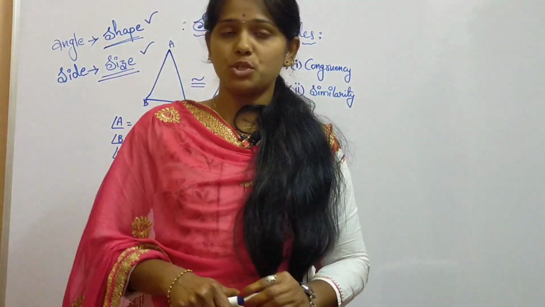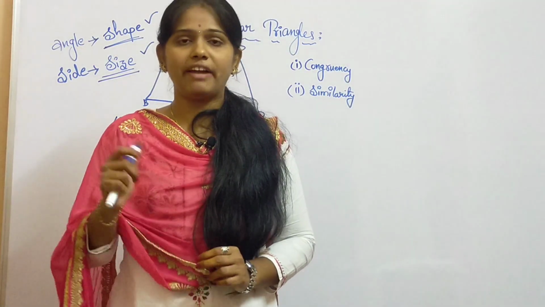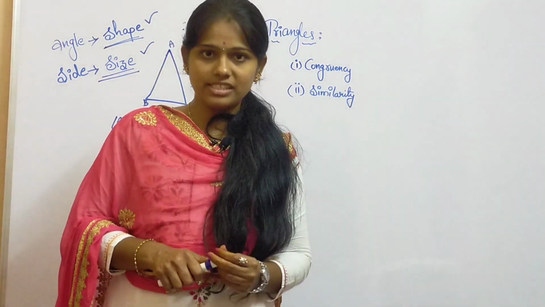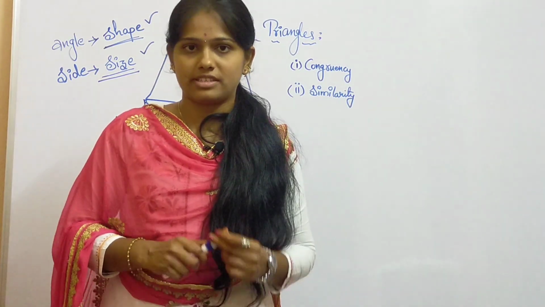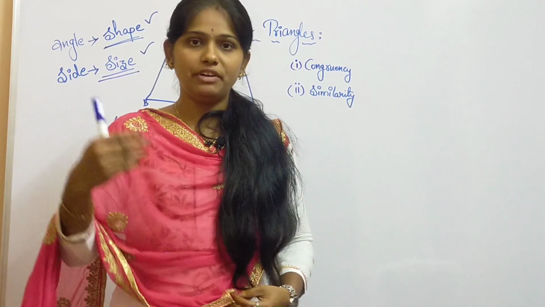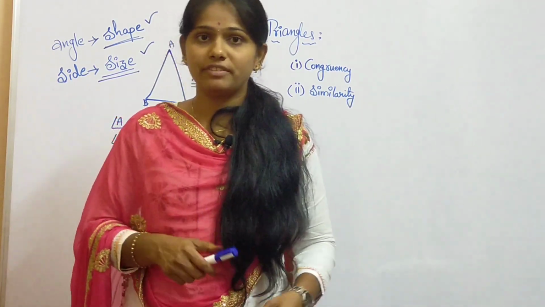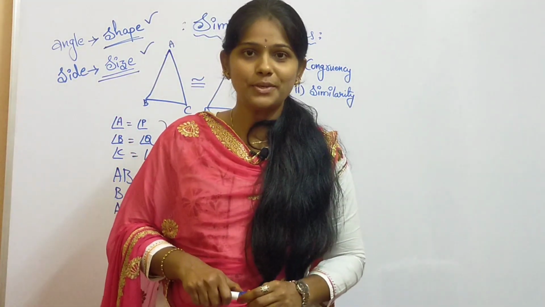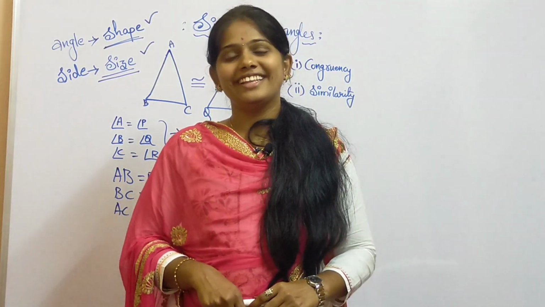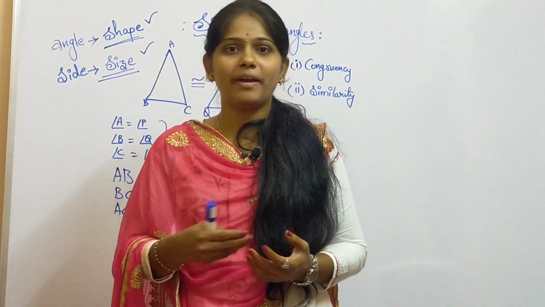Just assume Ramu's height is 5.5 feet. When he went to the photographer and asked him to capture a photograph and give it to him, what will the photographer do? Is he going to give the photograph of 5.5 feet, or the height which is required by Ramu?